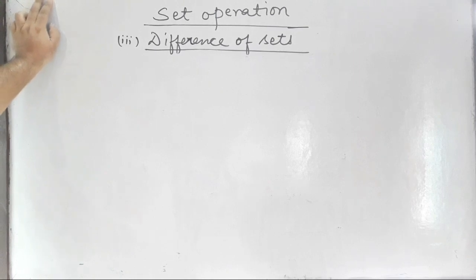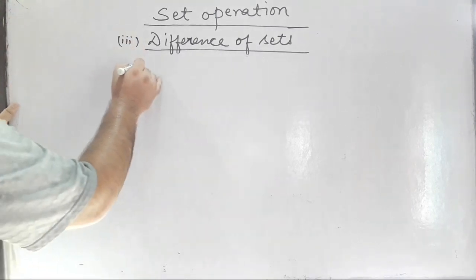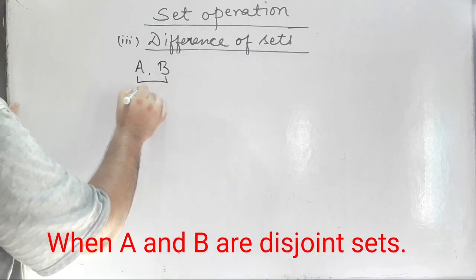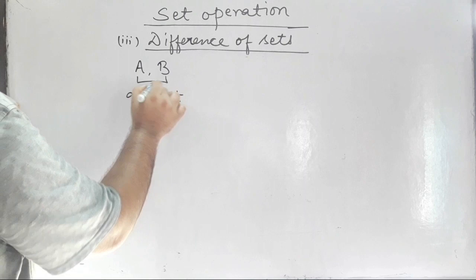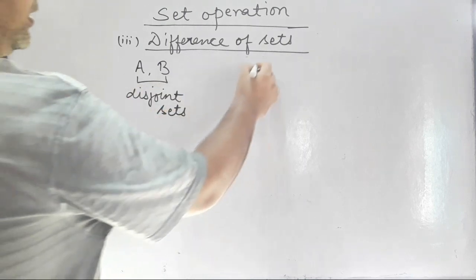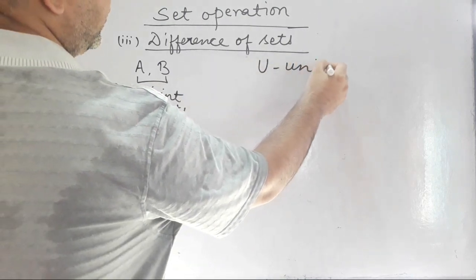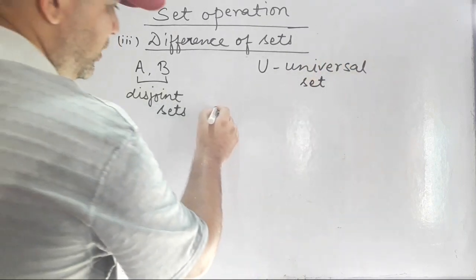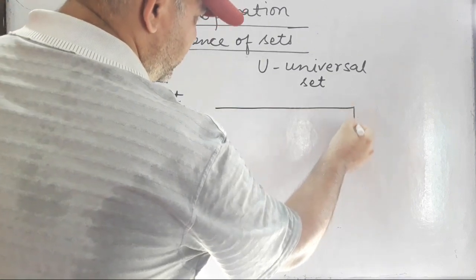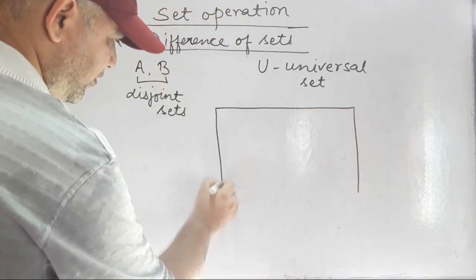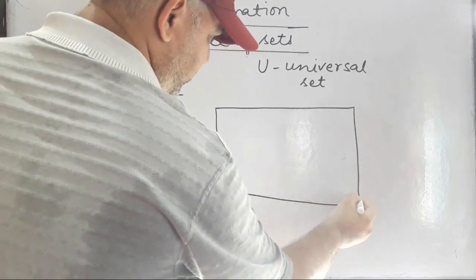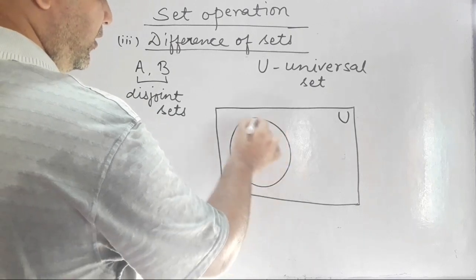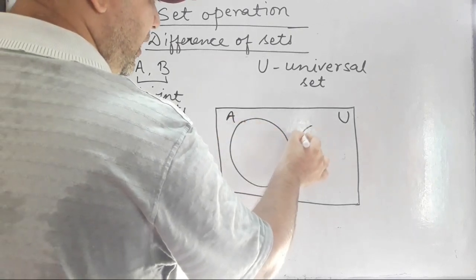Let's see the difference of sets in Venn diagram. Okay. A and B are disjoint sets. We take them as disjoint sets, and U is the universal set. Then how shall we show it in the Venn diagram? Universal set U. Since A and B are disjoint sets, they are not overlapped with each other.